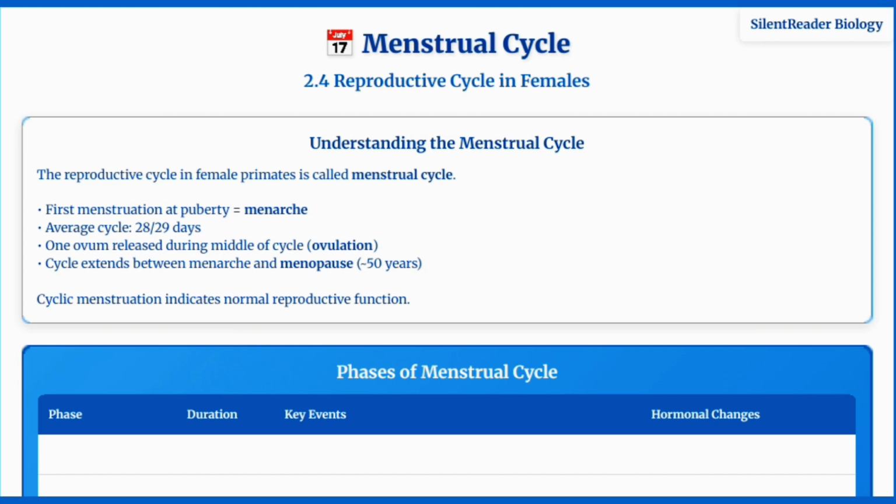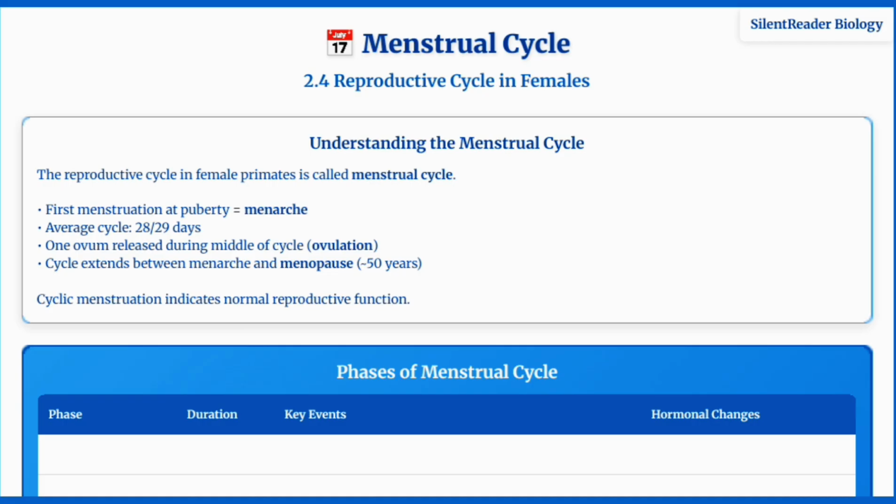The follicular phase follows, during which primary follicles grow into mature Graafian follicles while the endometrium regenerates. The ovulatory phase around day 14 features a surge in luteinizing hormone that triggers ovulation, the release of the secondary oocyte.